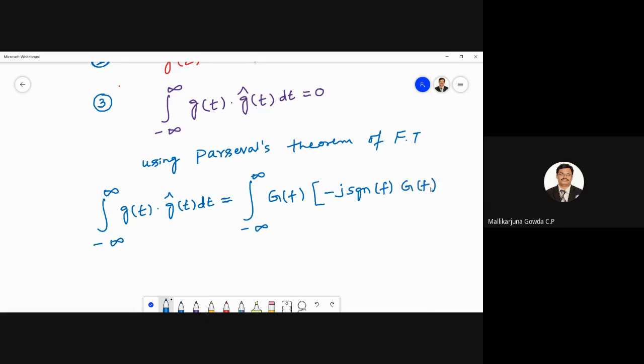I am correct, right? Its complex conjugate we write, into df.